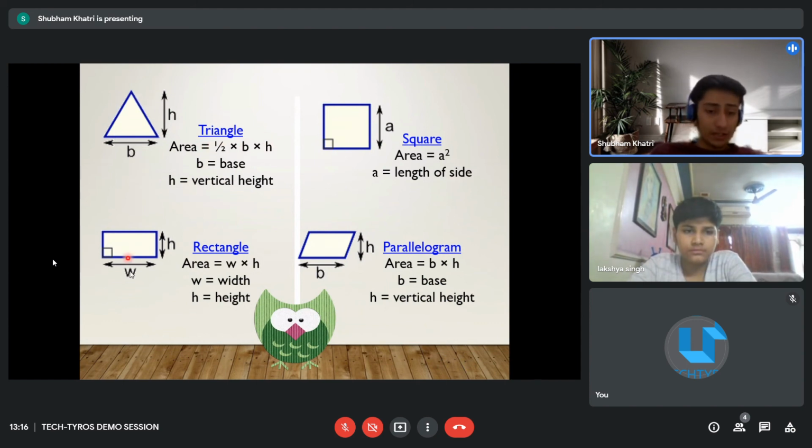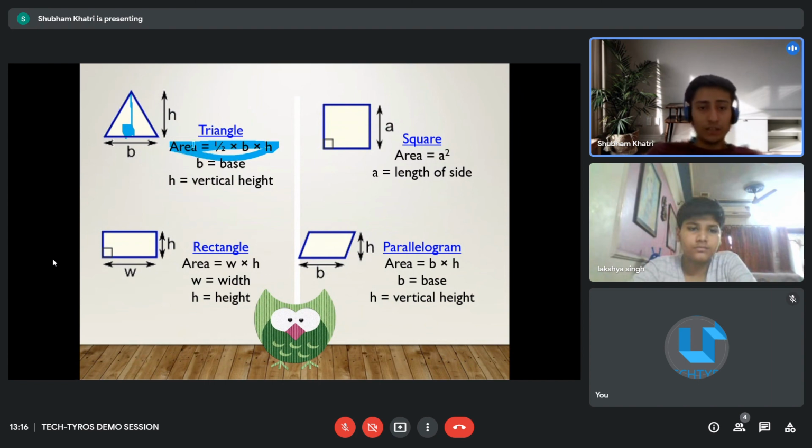Height is what we get if I draw a perpendicular line in this triangle. What is a perpendicular line? Its angle is 90 degrees over here. If I draw a straight line over here, that is its height. So the area of a triangle is half base into height.